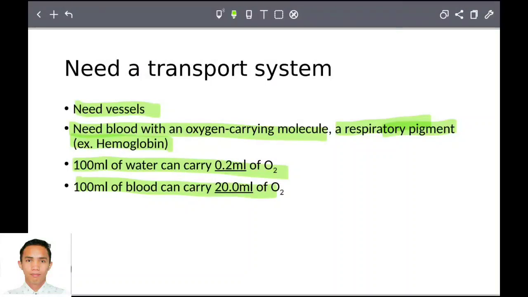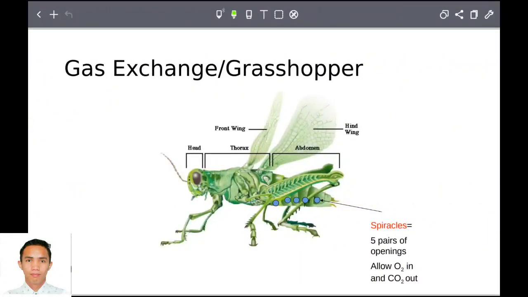This is why every organism needs a transport system.